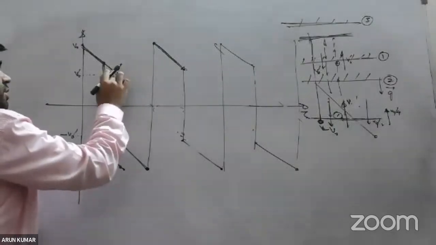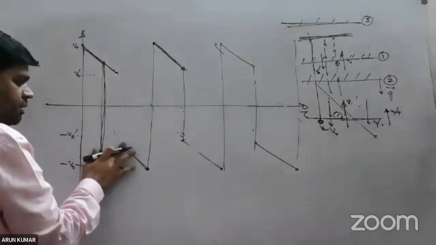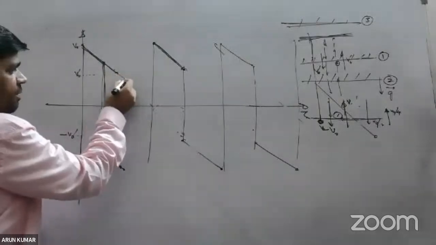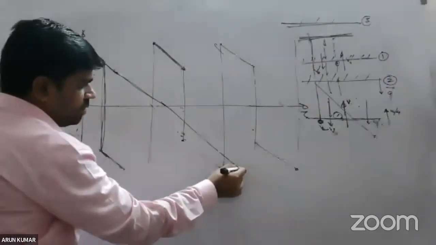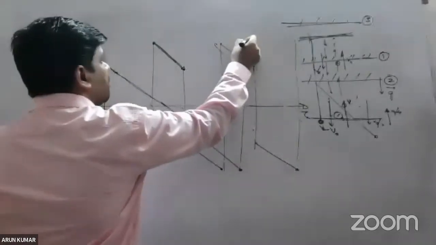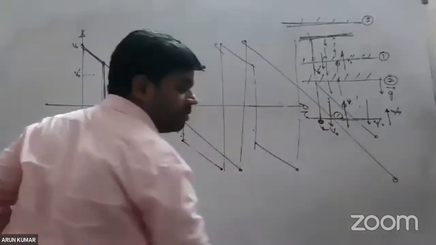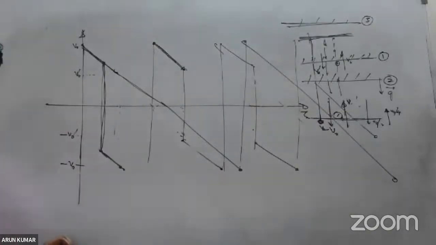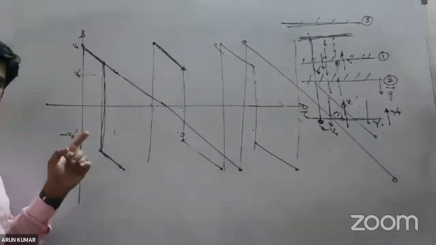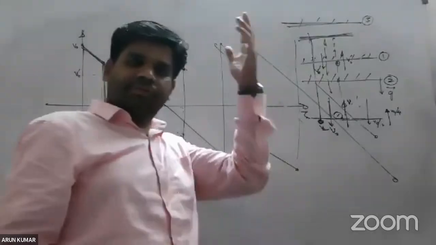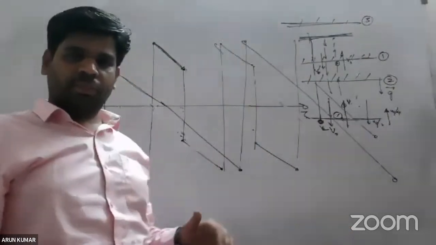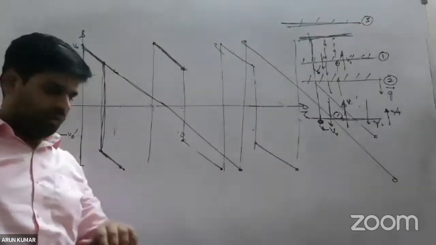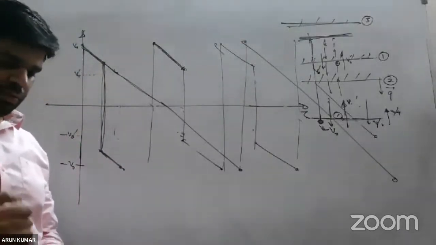The roof collision will disappear, and this line will come till here. As in the previous case, the particle goes up and down forever without any roof. Alright? Yes, sir.